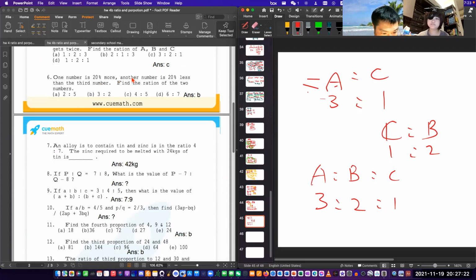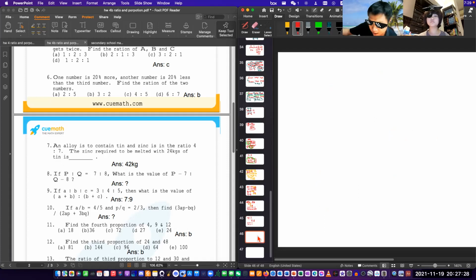Okay, one number is 20% more, another person is 20% less than the third. Pretty easy. This is a step up and a step down. One number is 20% more, another number is 20% less than the third, find the ratio of the two numbers.